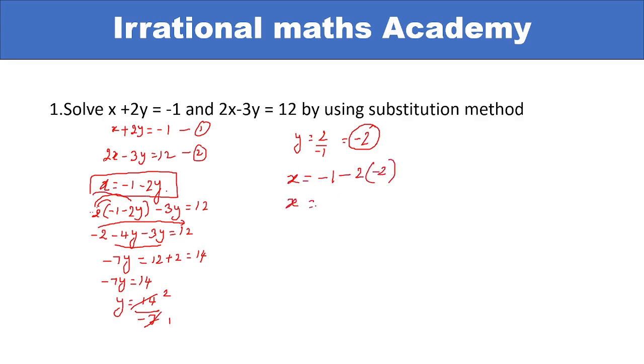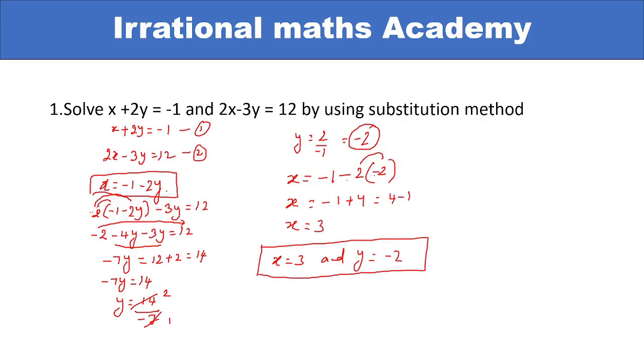Minus into minus is plus, 2 into 2 is 4, so minus 1 plus 4, x equal to 3. I got the x value and y value: x is 3 and y is minus 2. This is the solution. The method we used is the substitution method. Next problem.